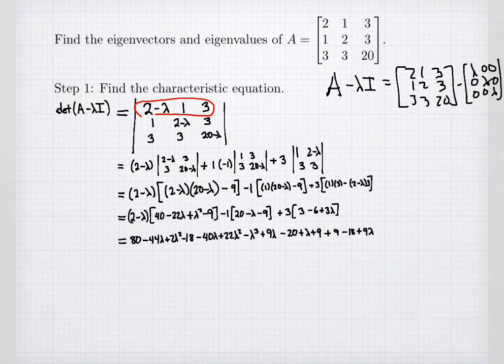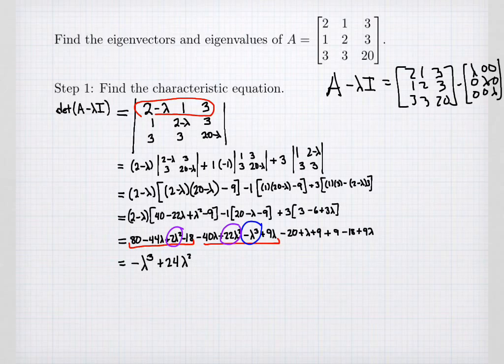So here I have the first term that's been distributed, and then the second term, and then I've expanded the other terms. So let's now group things. So we've got lambda cubed, there's only one term, so that's equal to negative lambda cubed. Let's identify all of our lambda squared terms. There are 2 of them, so I get 24 lambda squared.